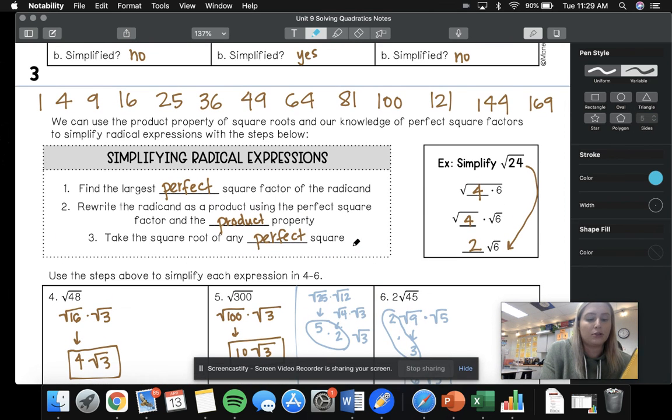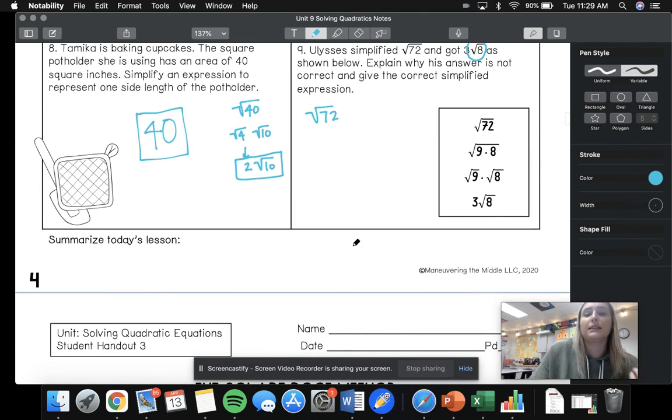So I'm going to do 72 divided by 25. 72 divided by 36, I get 2. So even simpler, the square root of 72 can be the square root of 36 times the square root of 2. And the square root of 36 is 6. So this is the actual fully simplified answer.